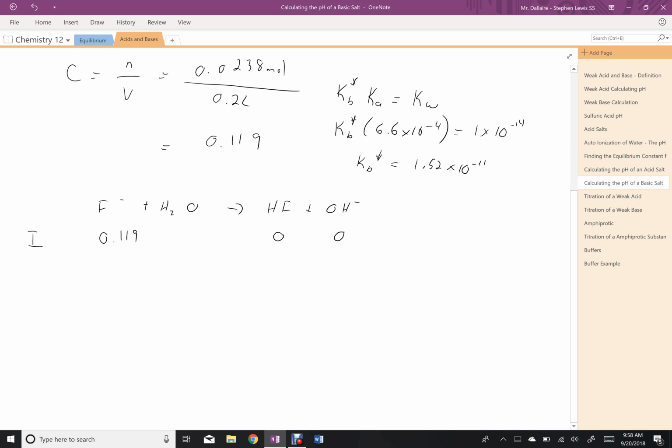So with that in hand, I can anticipate my change and come up with my equilibrium values. The equilibrium is going to shift this way because I have zeros. That's going down, everything's 1 to 1. And I'm going to be able to use my 100 rule here because the concentration of my reactants is going to be much bigger than this Kb value.